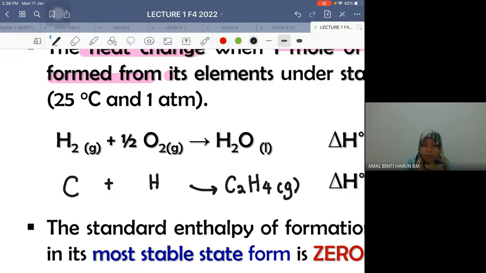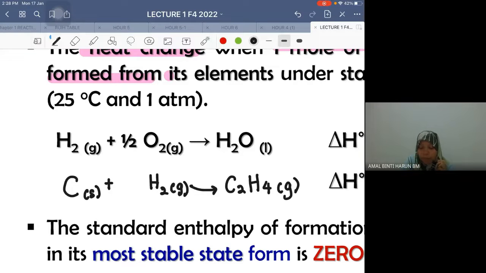Tetapi, okay, bila kita jumpa carbon, sebagai carbon solid. And then hydrogen, adakah kita jumpa hydrogen tu hydrogen atom ataupun hydrogen gas? Okay, form from its elements mean it is H2. Okay, kita selalu jumpa hydrogen sebagai hydrogen gas. Hydrogen gas adalah H2.